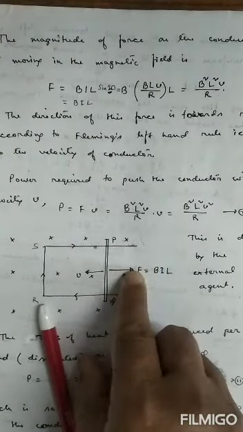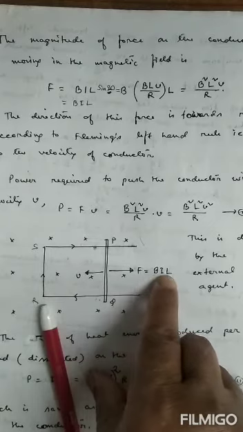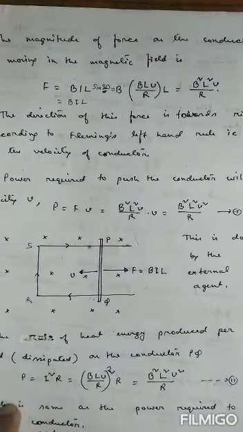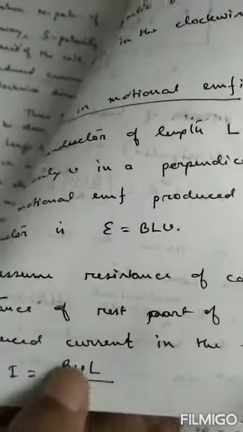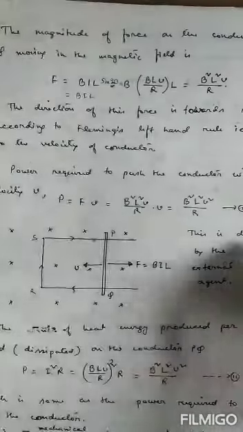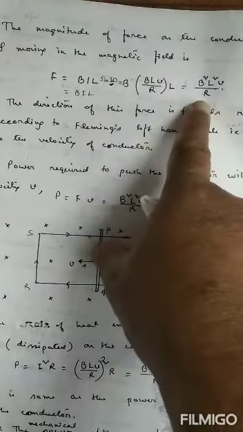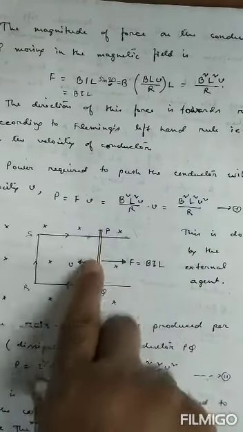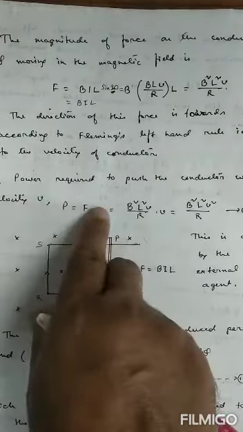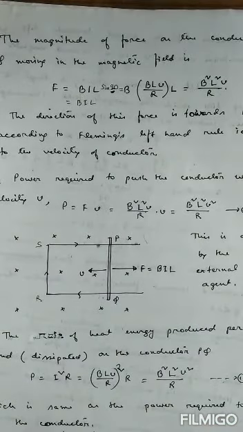The magnitude of the force is BIL, where I is the induced current, equal to BVL by R. So in order to move the conductor, work has to be done. What is the power of that work done? Force into velocity.